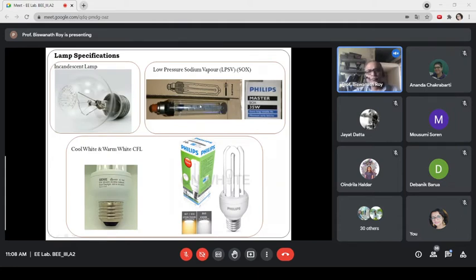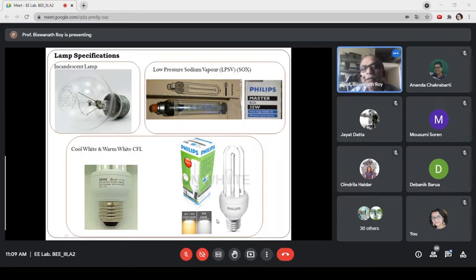These are the lamps. See, some color information is available in this lamp. It is the cool daylight, right? So while purchasing the lamp, from this information we can get the idea what is the color of the lamp, right?